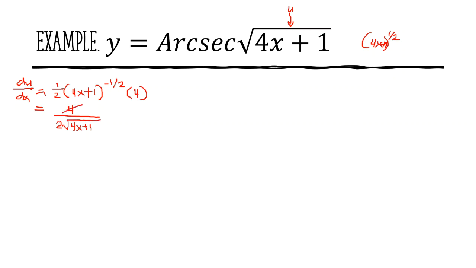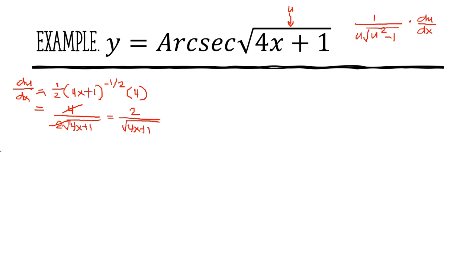And then, we can still simplify this. So we have 2 square root of 4x plus 1. So, this is now our derivative of u. From the earlier slides, if you can recall, the derivative of arcsec is equivalent to 1 over u square root of u squared minus 1 times the derivative of our u with respect to x.